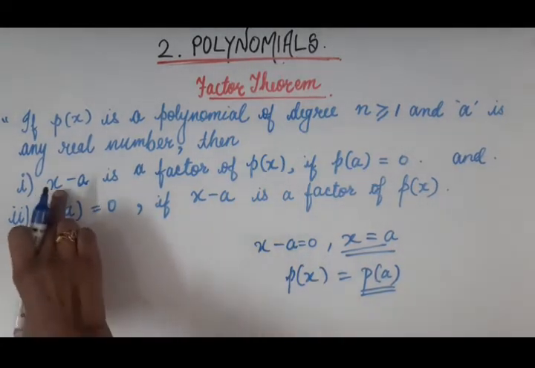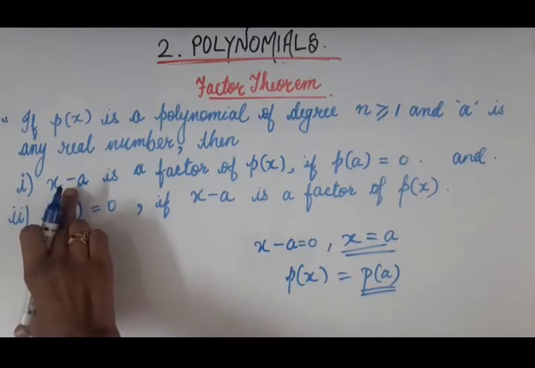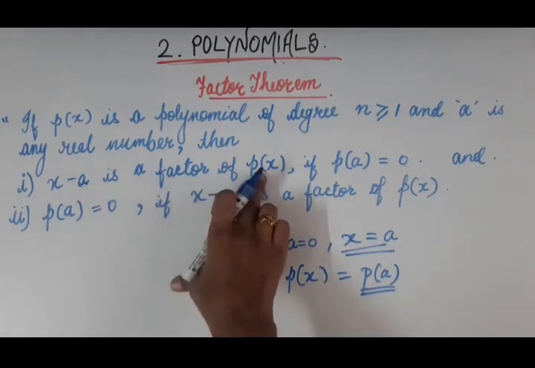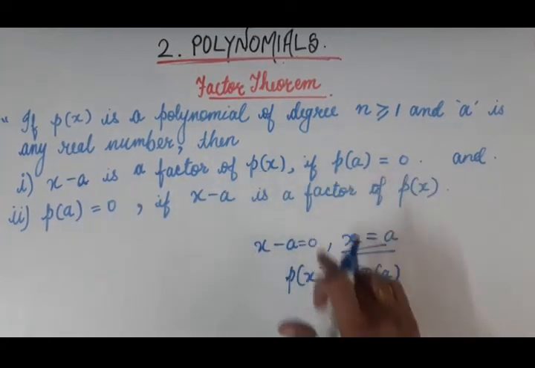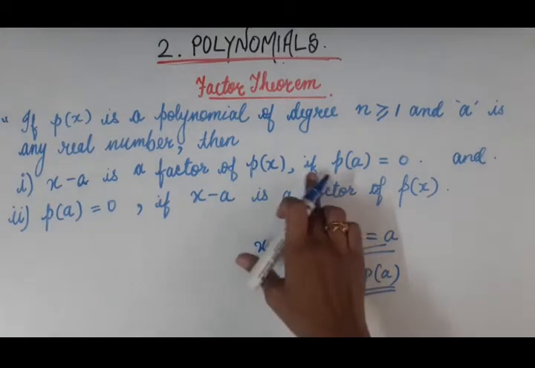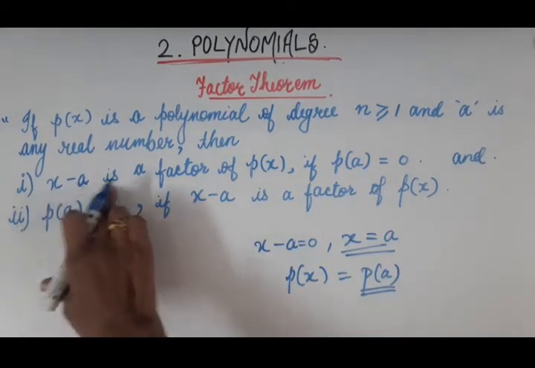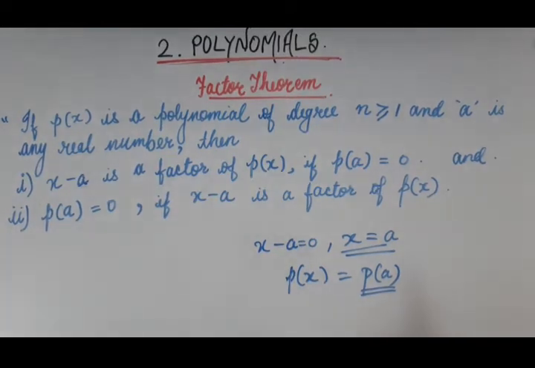So here also x minus a is the divisor. This theorem states that it is a factor of dividend p of x if p of a equal to 0. That p of a is nothing but the remainder only, no? So it states if the remainder is 0, then the divisor is a factor. So this is the theorem.